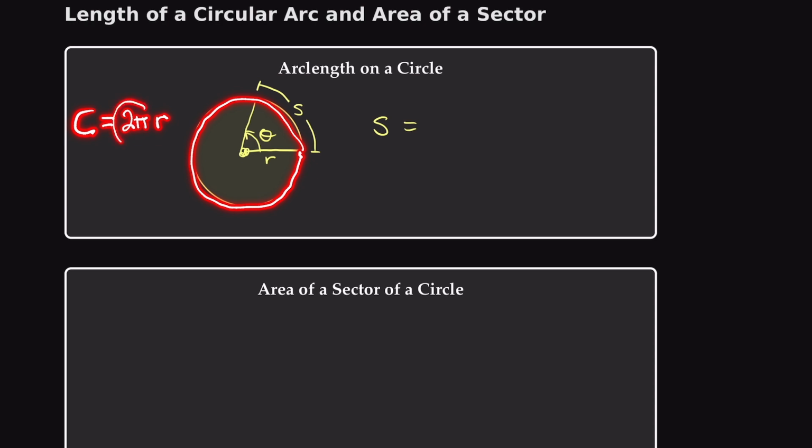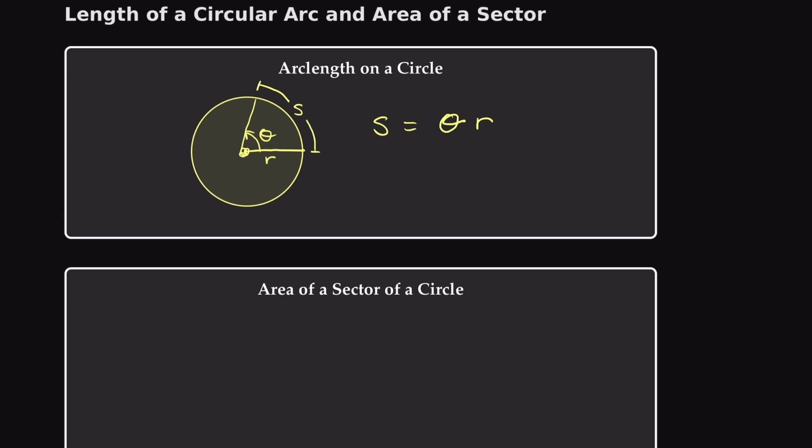But notice 2 pi is actually just the angle all the way around the circle, written in terms of radians. And it's going to be the same thing here. Instead of writing 2 pi though, we're just going to replace it with our angle. So we have theta times the radius, right? And so if theta happens to be 360 degrees or 2 pi, then we're going to end up with the circumference of the circle. But if it's smaller, then we're going to end up with this arc length here.